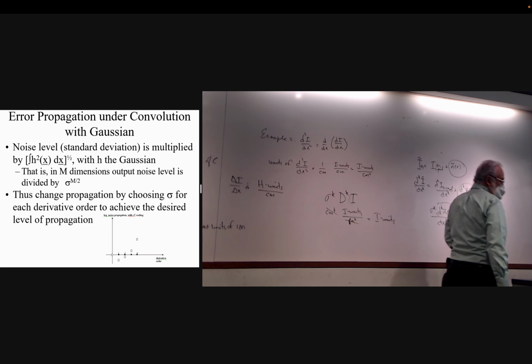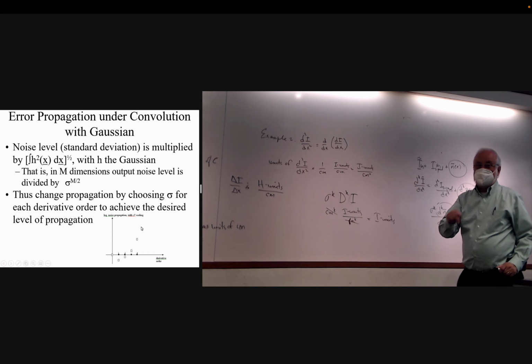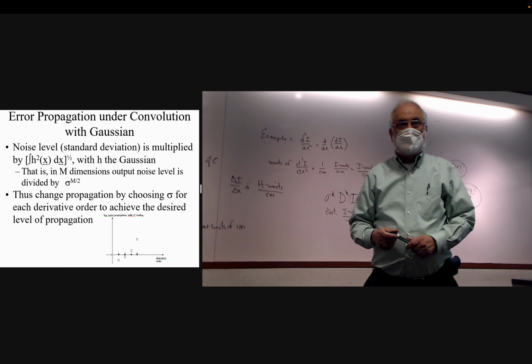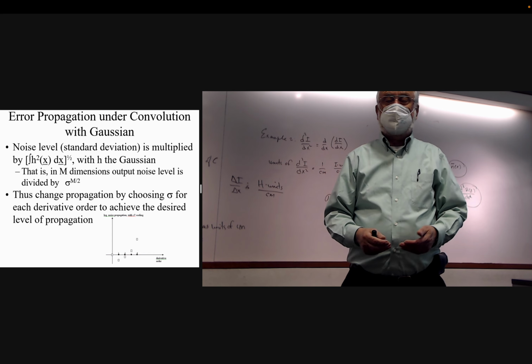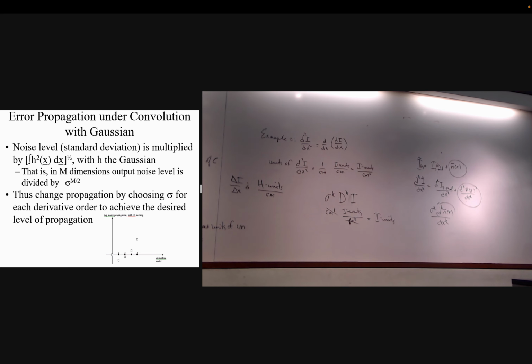And when we take all that into account, we look at the values of the noise as a property of derivative order relative to the level that was in the original image. Obviously, if you double the original image, then you double the noise all the way down.